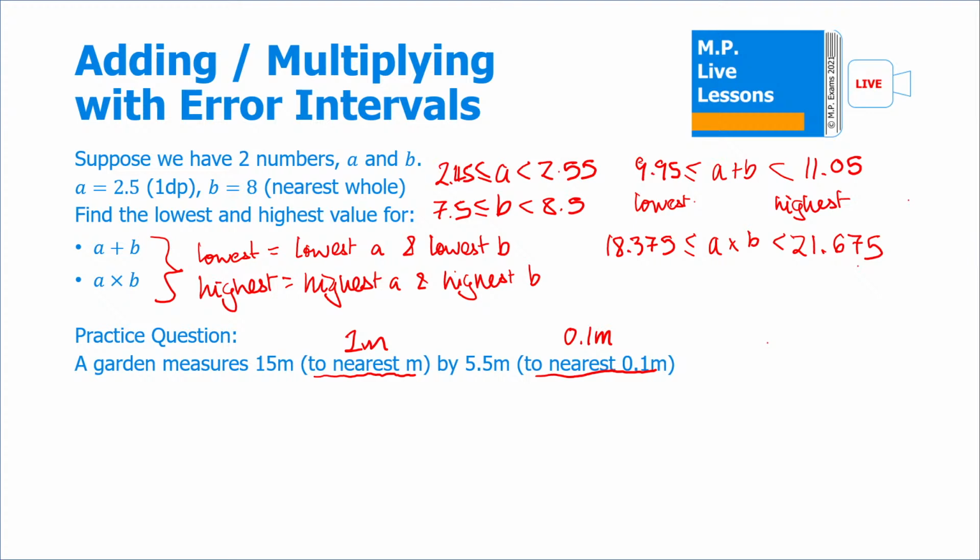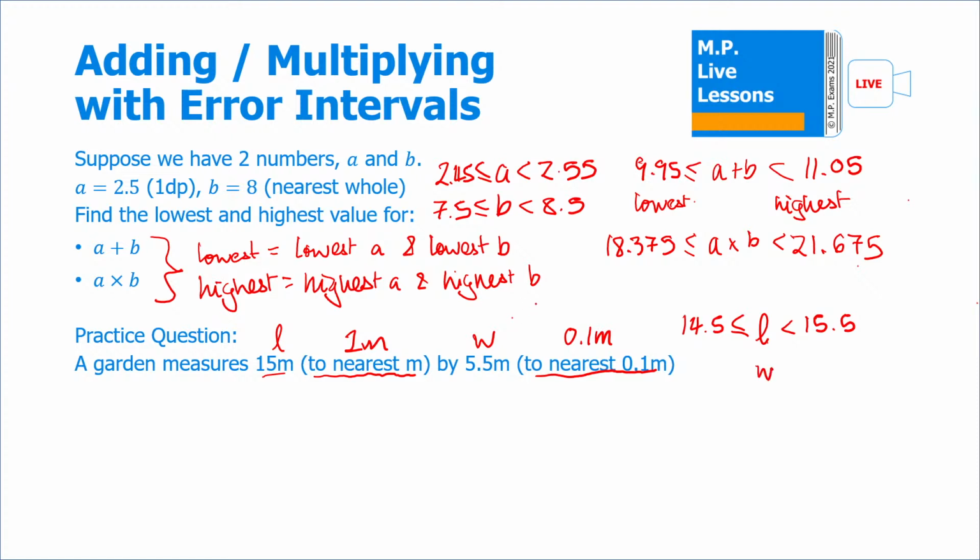So if we calculate the error intervals, we'll call this 15 meters the length and the 5.5 meters the width. So the length could have been anywhere from 14.5 meters to 15.5 meters, but not including it, because we take half units, which is half a meter, and we add and subtract it from the rounded value.